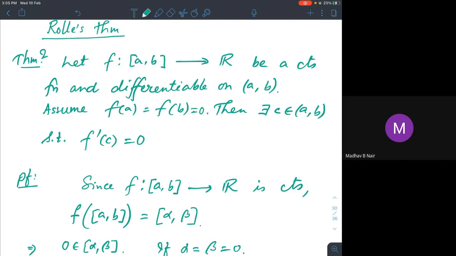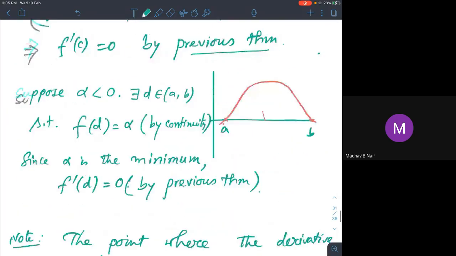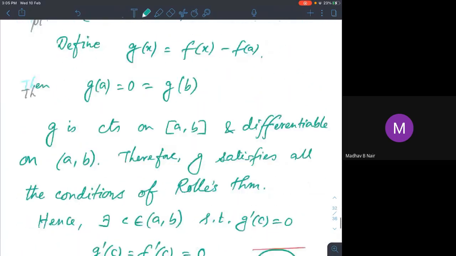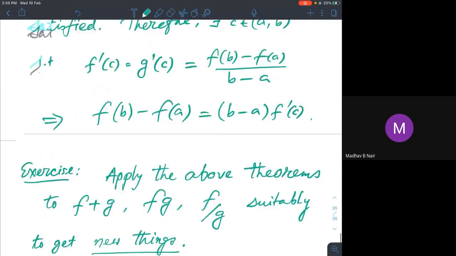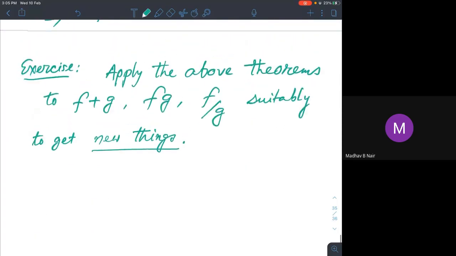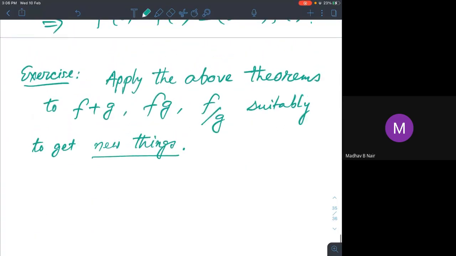That is why I gave this exercise, to construct your own new exercises out of these things. You will get some expression which will look new at the end. That's what I meant by new things.